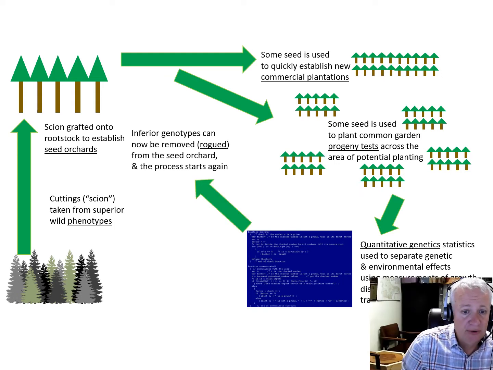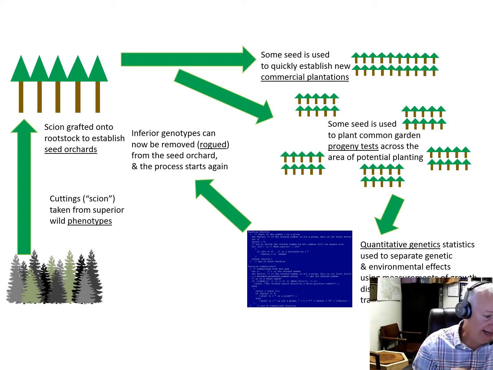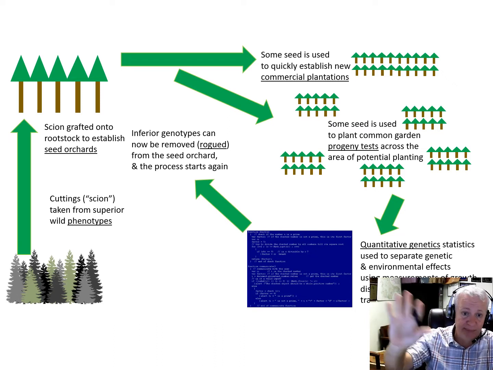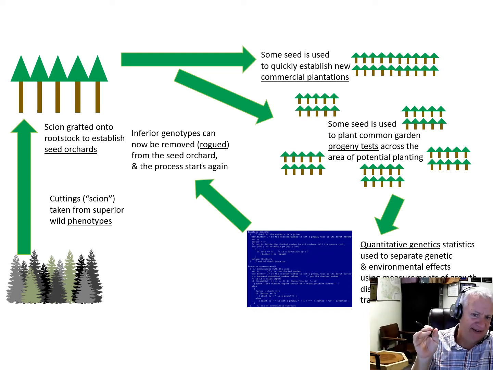Okay, so now those quantitative genetics measurements, assessments, those allow us to rank the genetic worth of the parents in the seed orchard. And they allow us to then determine, oh, okay, parent A, B, and C clearly produce offspring that are better than average, whereas parents D and E don't.